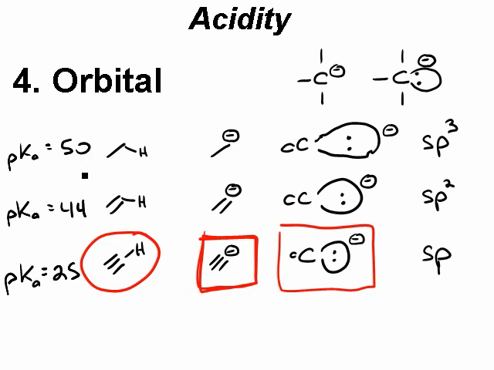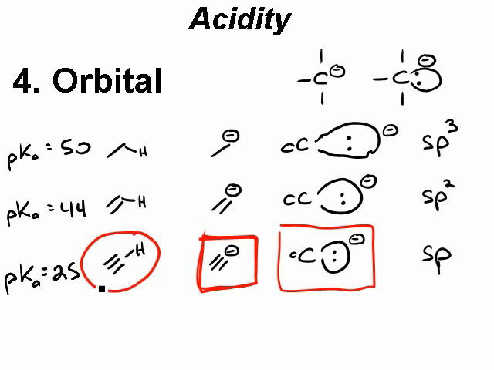Now remember that each of these pKa units represents 1 order of magnitude. In other words, if we compare ethylene and ethane, ethylene is not 6 times more acidic than ethane. It is a 1 with 6 zeros times more acidic. It is 1,000,000 times more acidic than ethane.